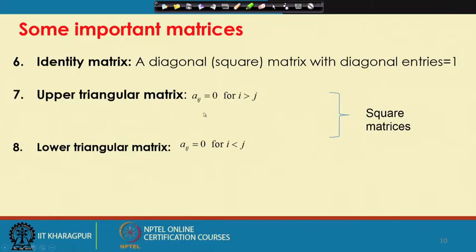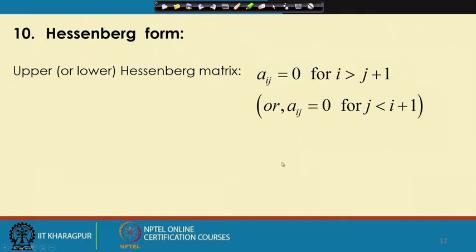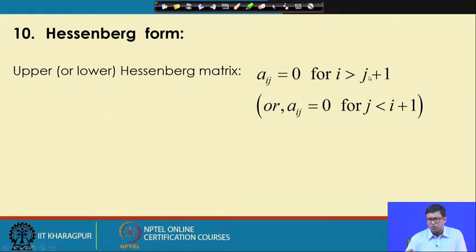Maybe one more band or one more term after the diagonal or before the diagonal is still non-zero, and we call them Hessenberg matrices. An upper Hessenberg matrix has A i j equal to 0 for i greater than j plus 1. That means we still allow one more row index to be non-zero, after the column index, and similarly we can have lower Hessenberg form.